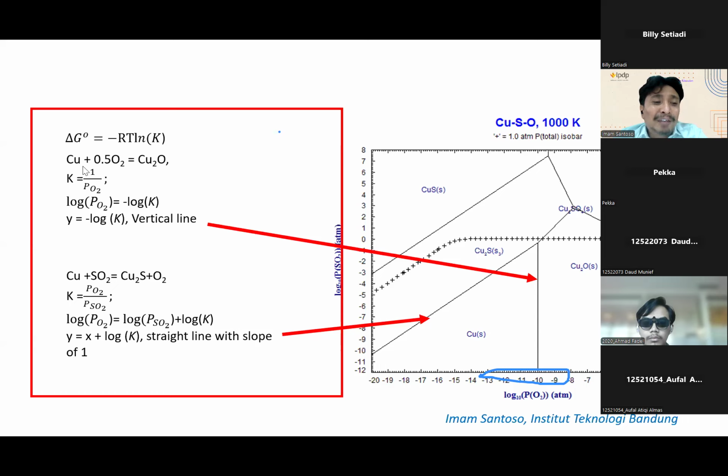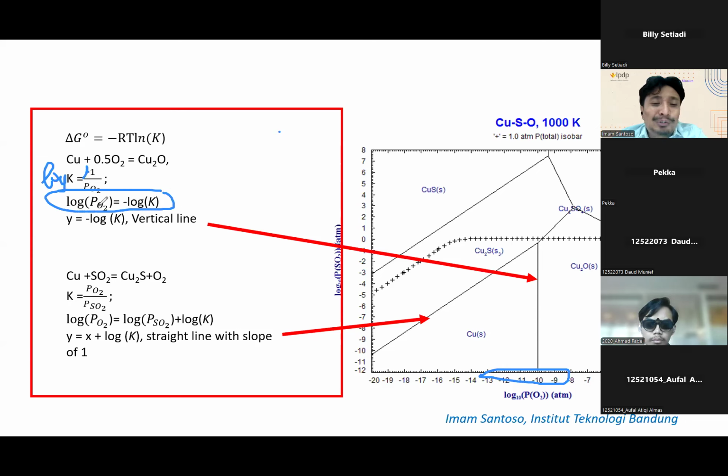Therefore, if we know delta G and we know K, then if we put log on both sides, log K, the equation will become this one.